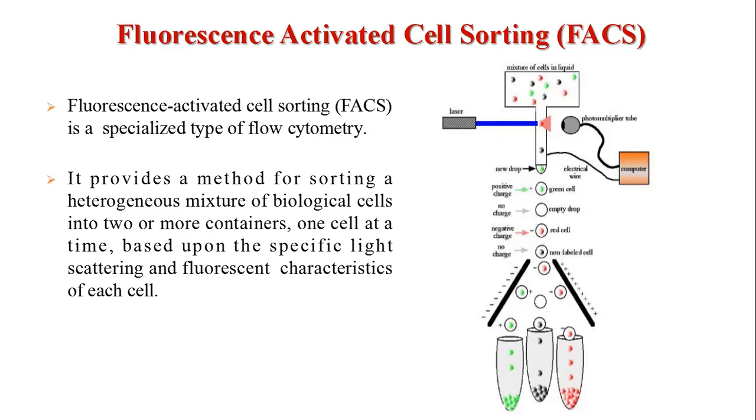The positively charged cells are collected here, the green one; no charge, the middle one, the gray one; and negative charge, the red one. So this attachment is present in FACS and not in flow cytometry. The cell sorter can sort the types of cells and collect them in different fraction collectors.